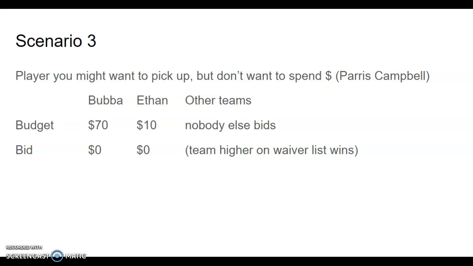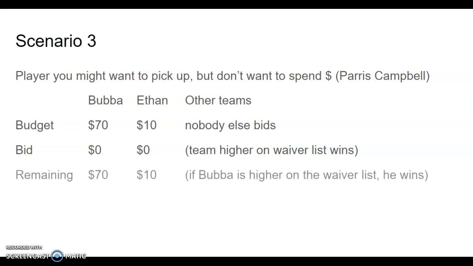But in this case, let's say they both bid $0. Let's say Bub is higher on the waiver list in this case. He wins that player, and he doesn't get anything deducted from his budget because he bid $0. So he acquires the player and he moves to the end of the waiver list.